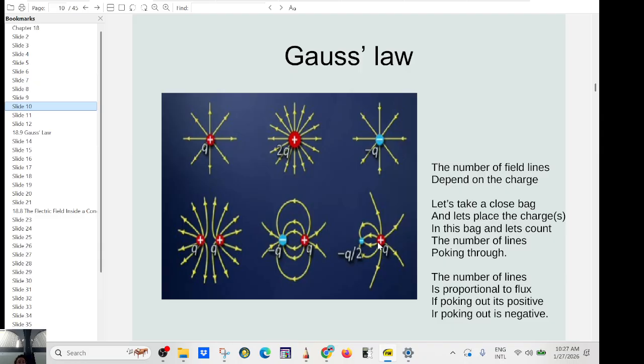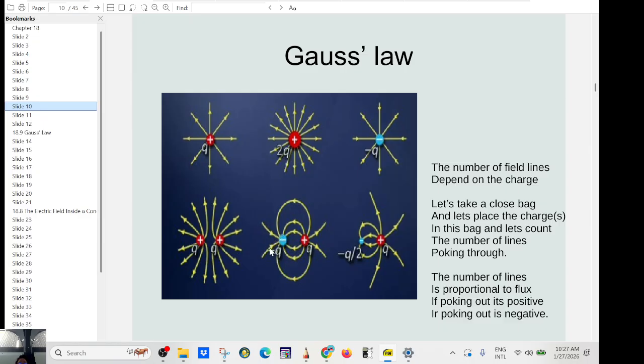Finally, Gauss law, applied to physics. So you see, if you double the charge here, does it make sense? You double the number of field lines, yes? It's not a real thing, it's just to visualize. If the charge is negative, the line comes in. If you have twice the charge, you also have twice the number of lines. Agree? If you have a dipole, plus and minus, how many come in have to come out, right?